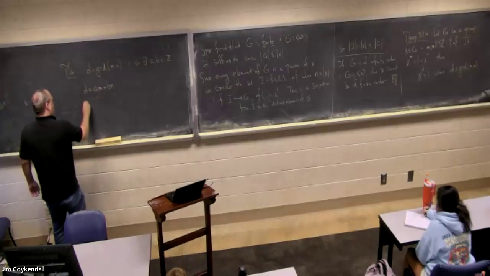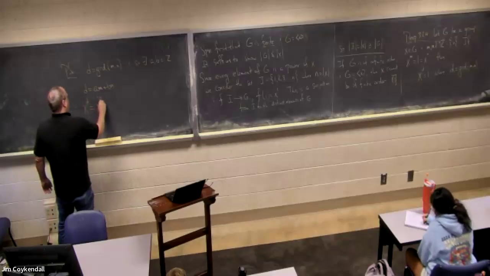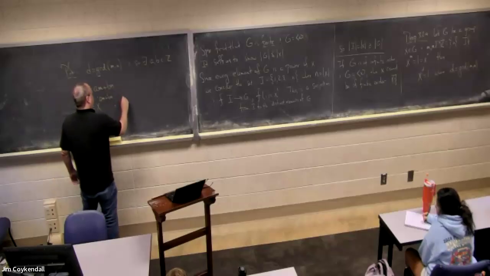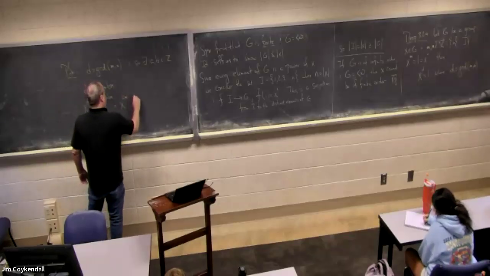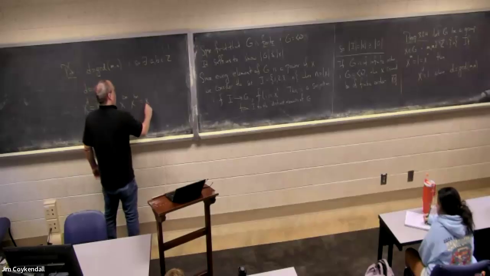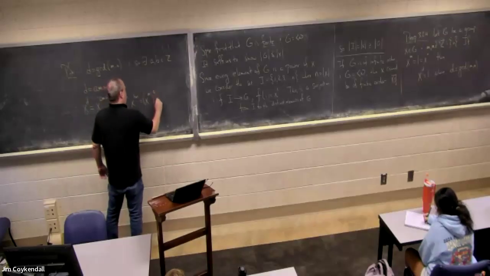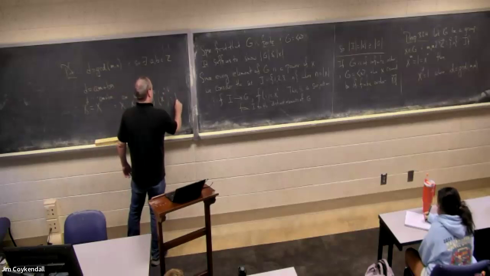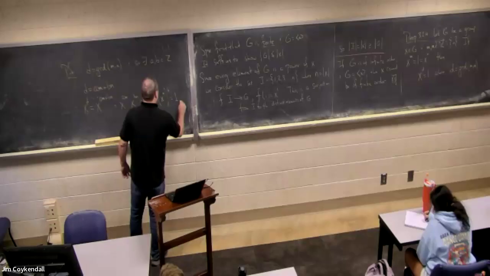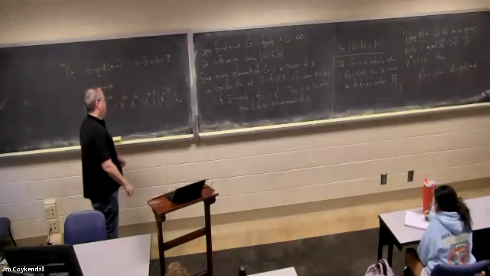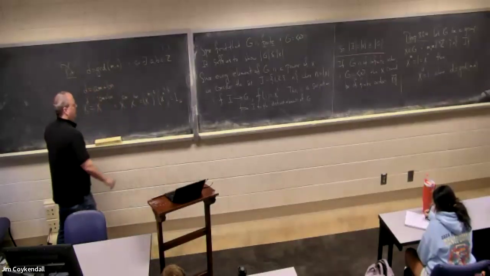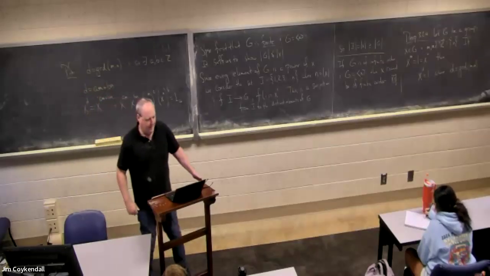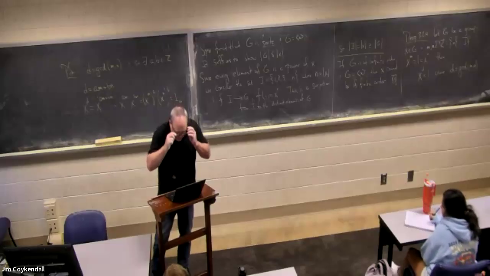X to the d is X to the am plus bn, which is X to the am times X to the bn, which is X to the m to the a times X to the n to the b, which is the identity. Got that? Okay. Any questions?